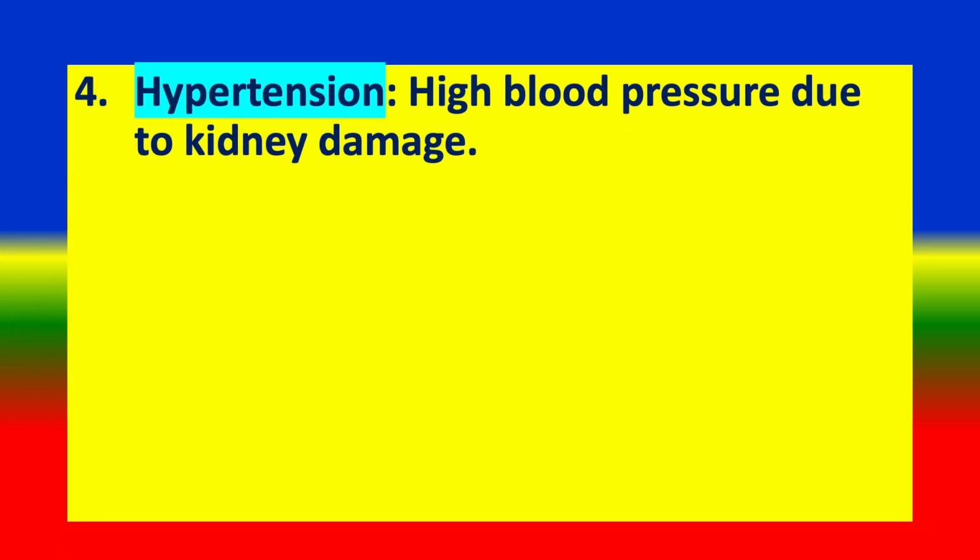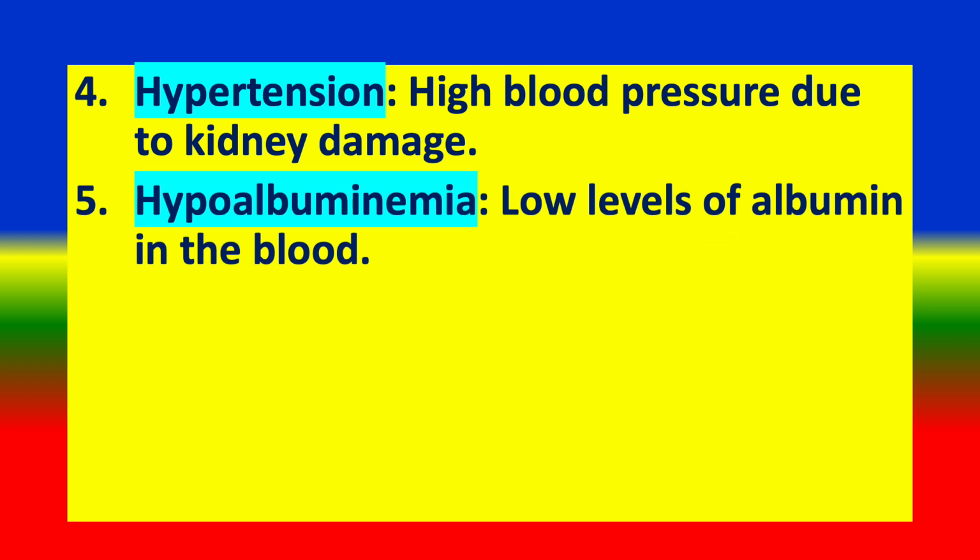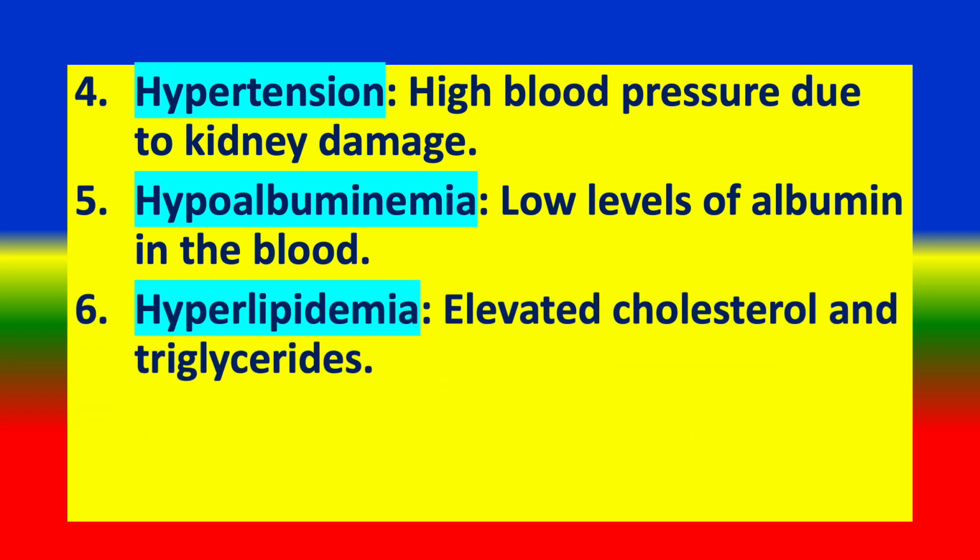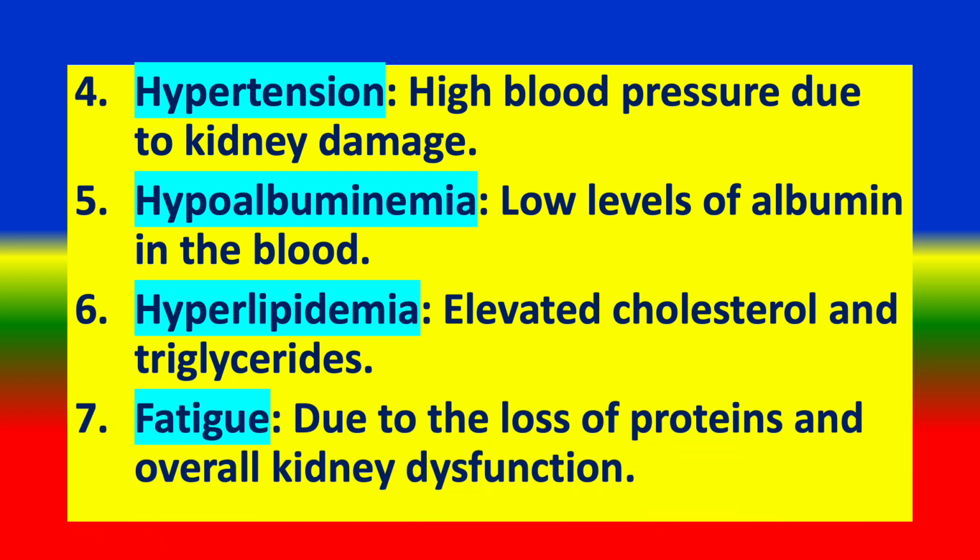Hypertension: high blood pressure due to kidney damage. 5. Hypoalbuminemia: low level of albumin in the blood. 6. Hyperlipidemia: elevated cholesterol and triglycerides. 7. Fatigue due to loss of proteins and overall kidney dysfunction.